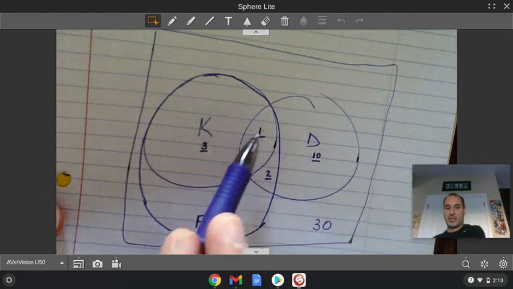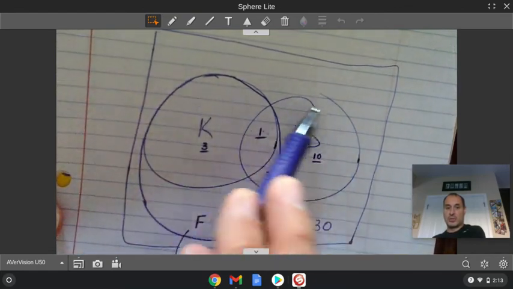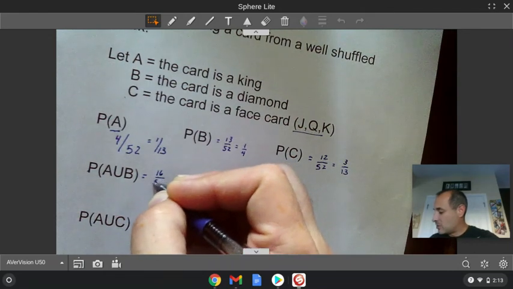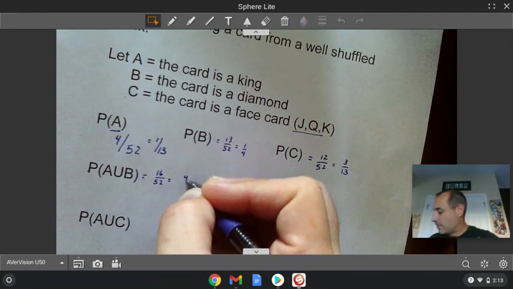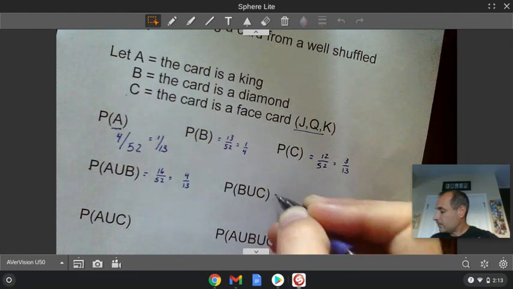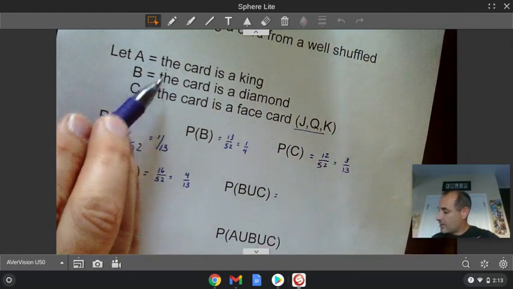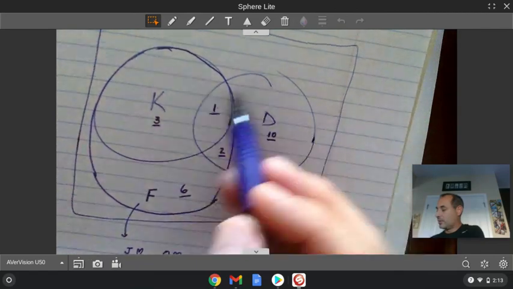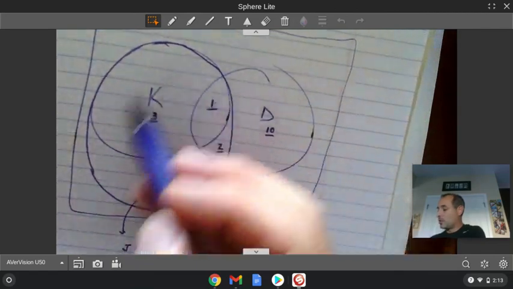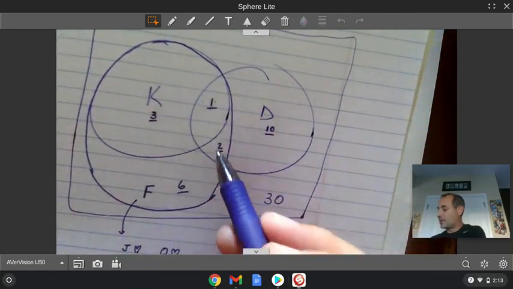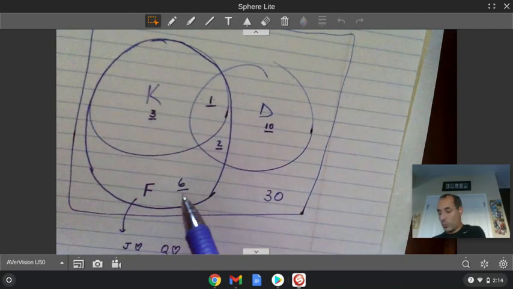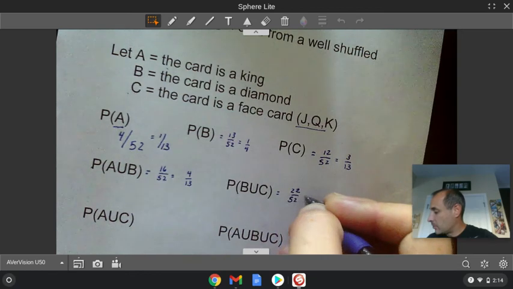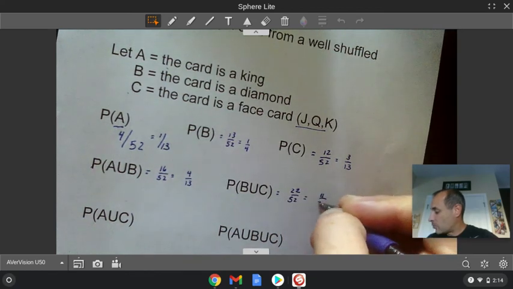King or diamond includes all the K circle or all the D circle, so 16 out of 52, which is 4/13. Diamond or a face card. This one or this one. 10, 11, 12, 13, 16, 22. So that's 22 out of 52, which is 11/26.